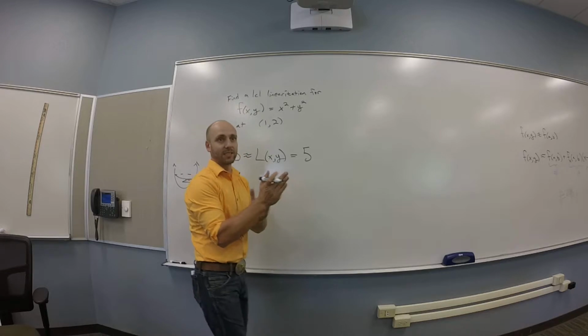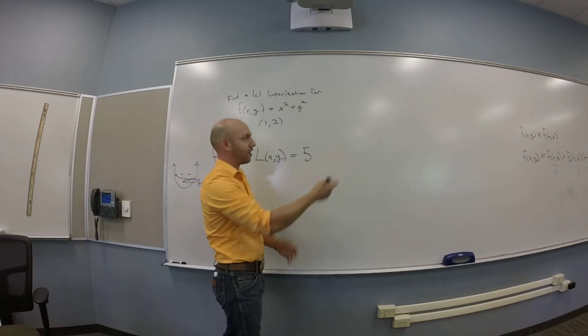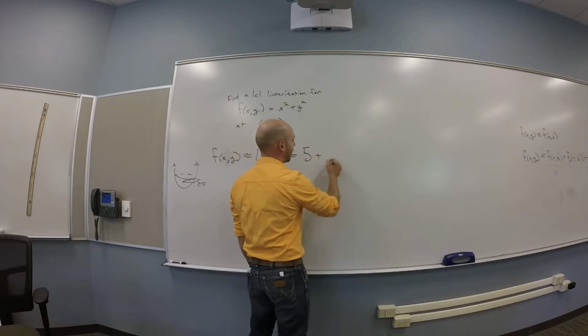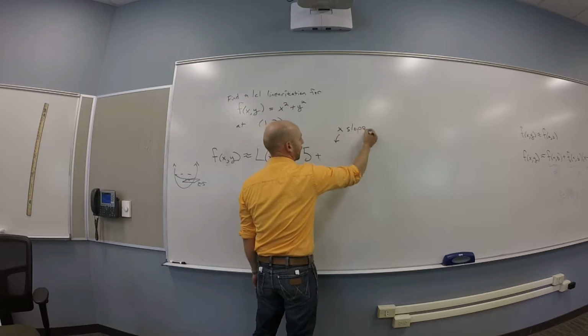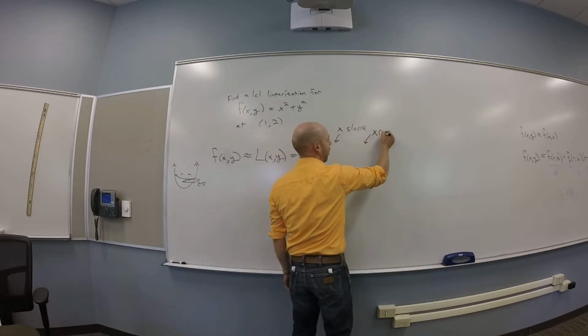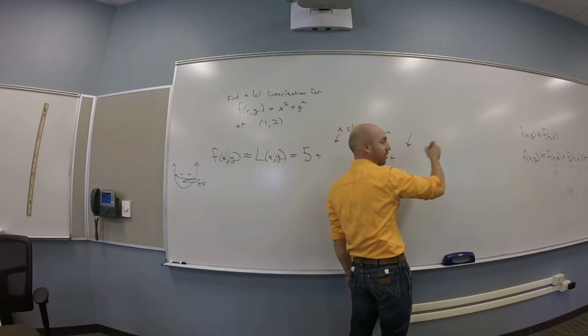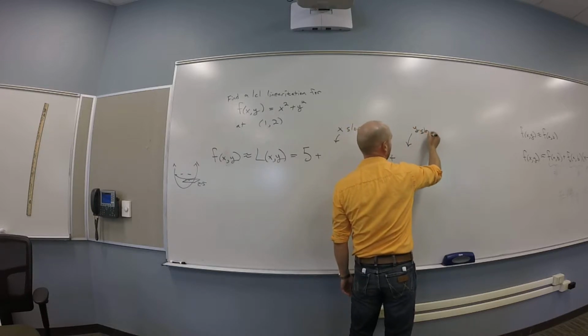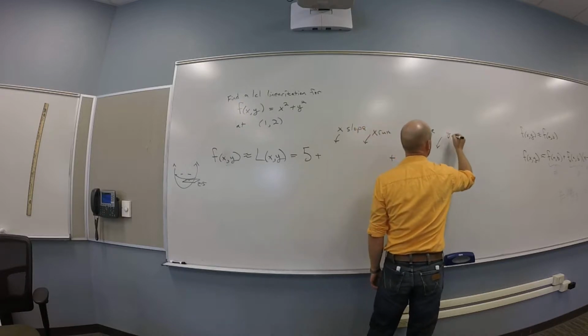All right, what is your next best guess? What are you going to add to this? Yeah, you're going to add the other approximations. So I need here an x slope, and then here an x run, and then I need here a y slope, and here I need a y run.